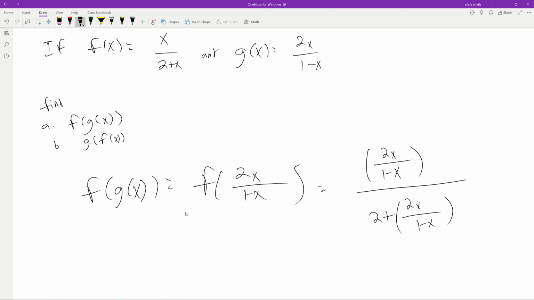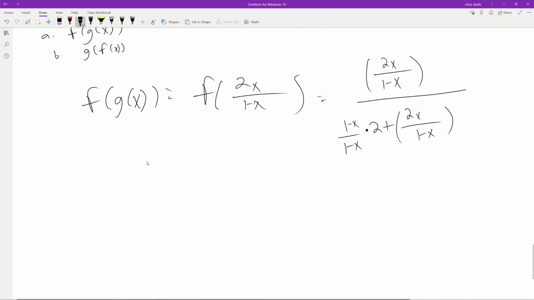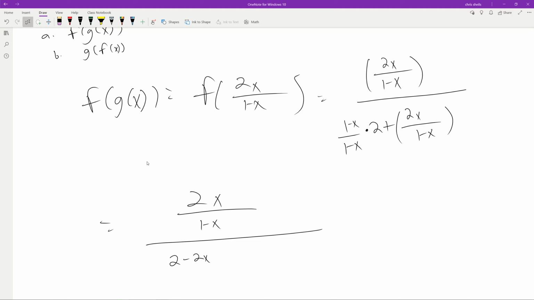I need a common denominator down here, so I need to multiply this 2 by 1 minus x over 1 minus x. So that this is 2x over 1 minus x all over 2 times 1 minus x is 2 minus 2x. And then I have plus 2x. This is all over 1 minus x, now that I've obtained a common denominator down here.